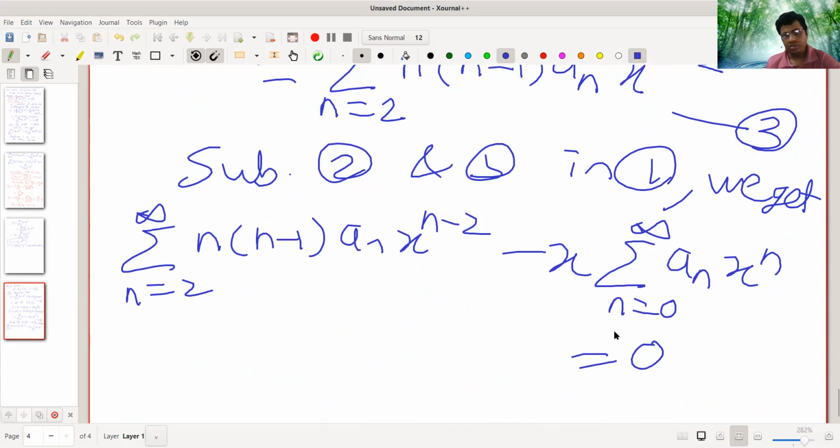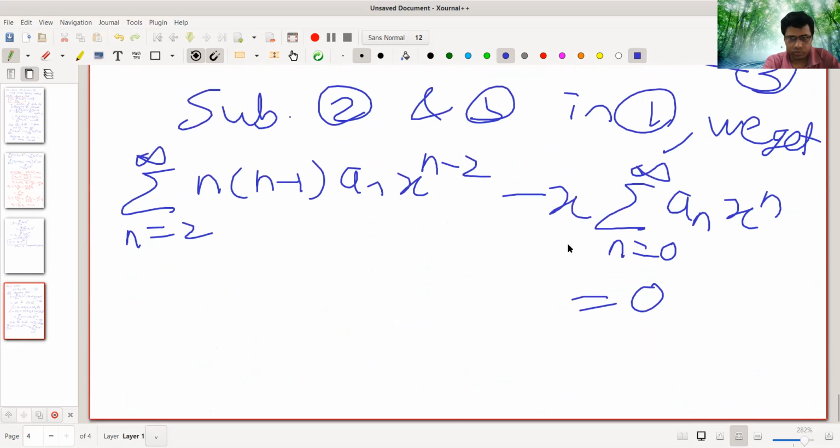Now this x can be taken inside and it will be x raised to n plus 1. In both the terms we want the same power of x so that we can simplify. In the first term we replace n by n plus 2 so that we get x raised to n.